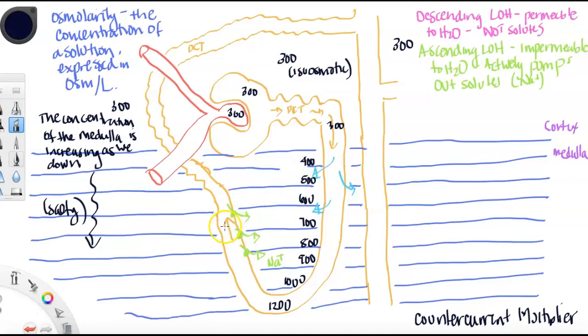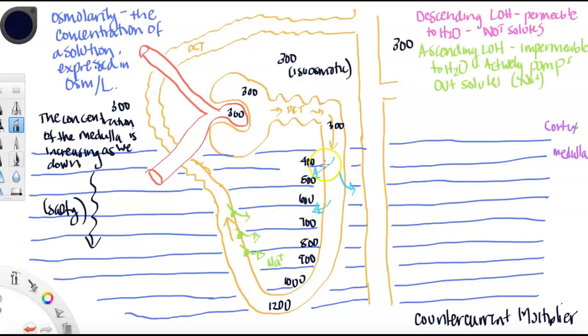But over here on this other side, where filtrate's moving in through the ascending loop, we've got pumping of solutes into this interstitial space. So the kidney itself in this area says, okay, we have to be concentrated here. We have to be able to manipulate the filtrate down here, or we're not going to get anything filtered or anything. Nothing's going to happen if it's isoosmotic.